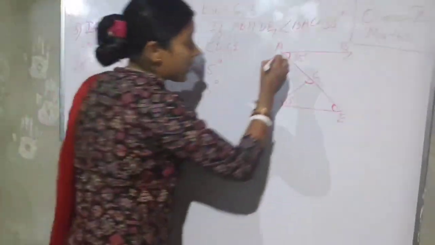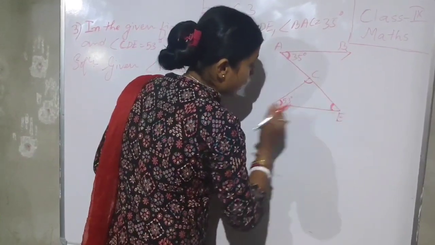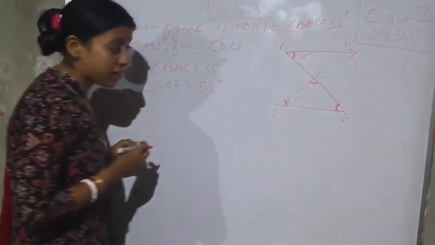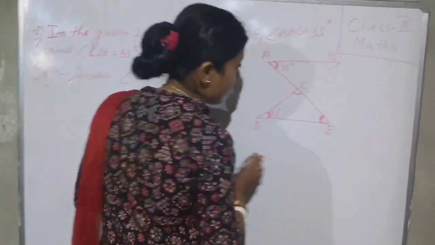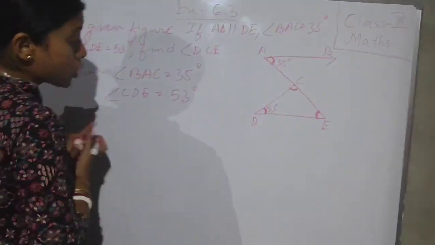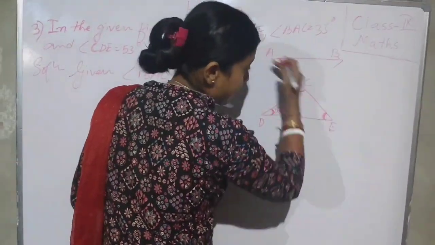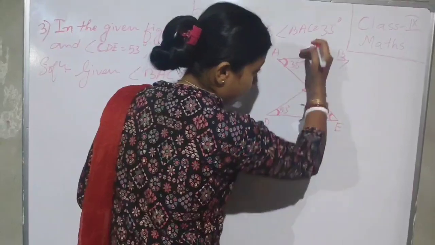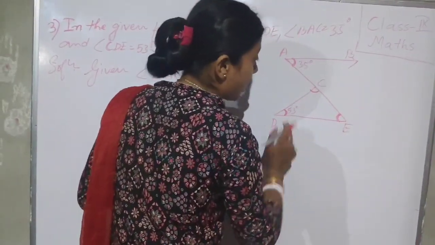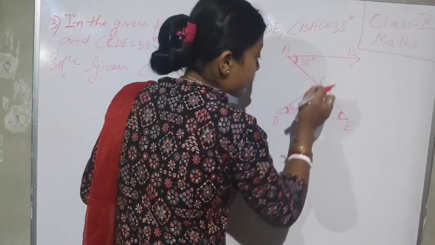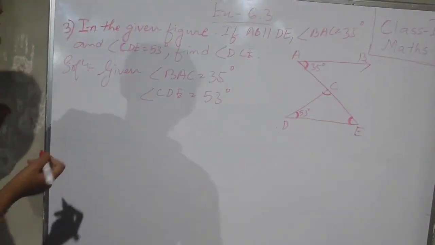Now see, angle BAC and angle DEC are alternate interior angles, right? Because AE is a transversal here, intersecting these parallel lines AB and CD. So angle BAC equals angle CED. Why? They are alternate interior angles.